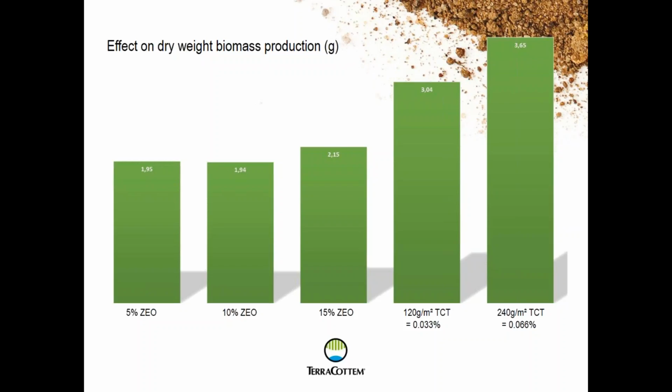If you apply 120 gram per square meter of TerraCottem turf, you only have 0.033%. So the application rate is much lower, positive effect is higher, and you can imagine that the application price is also much lower because application rate is very, very limited.